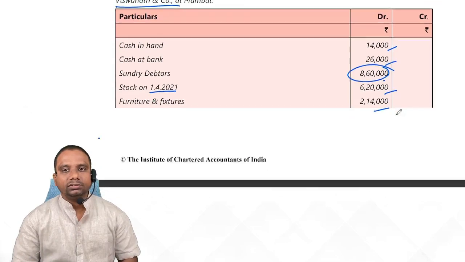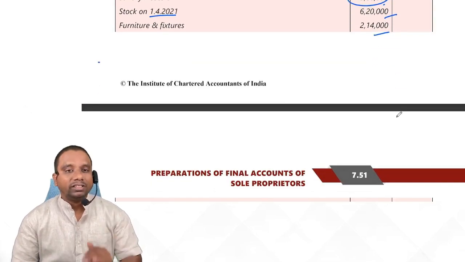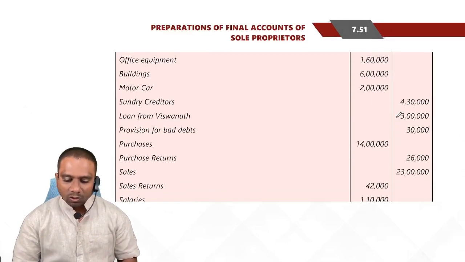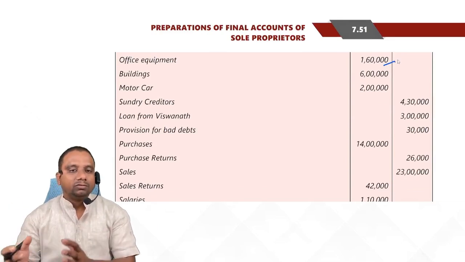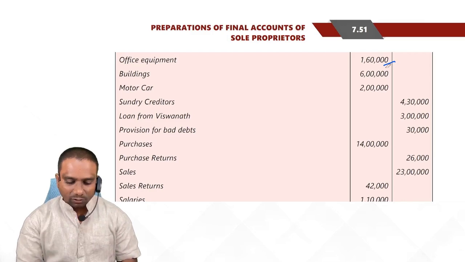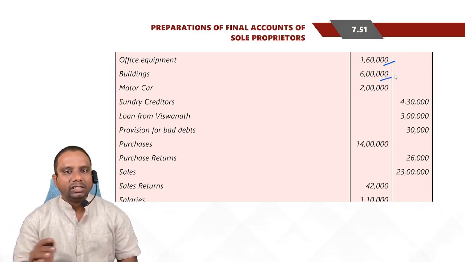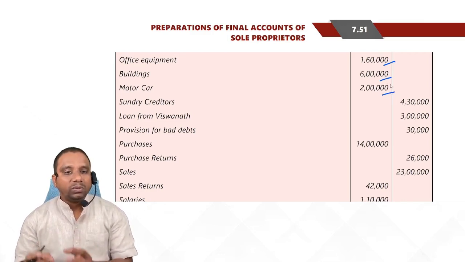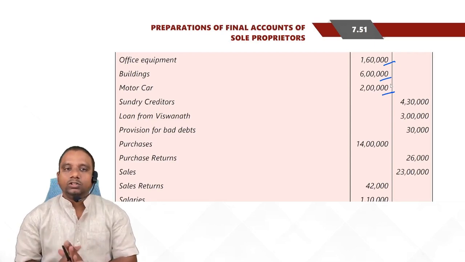Furniture and fixtures, balance sheet asset after deduction of depreciation. Office equipment, asset, first deduct depreciation, show this depreciation in P&L account. Building, asset, deduct depreciation. Motor car, asset, deduct depreciation. So it is better to calculate a separate working note for depreciation, students.